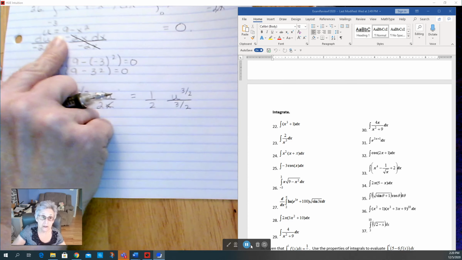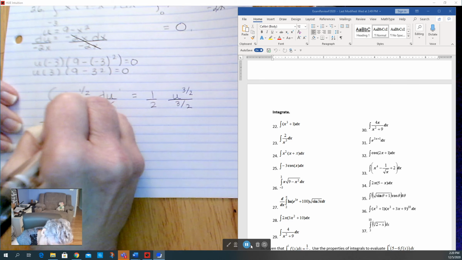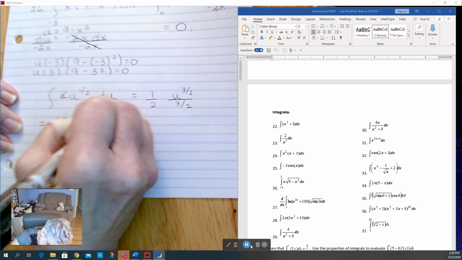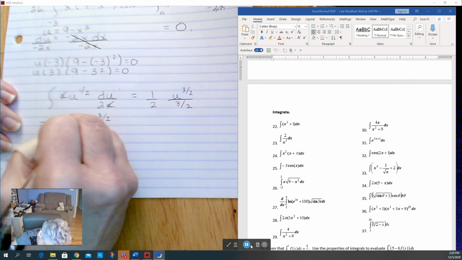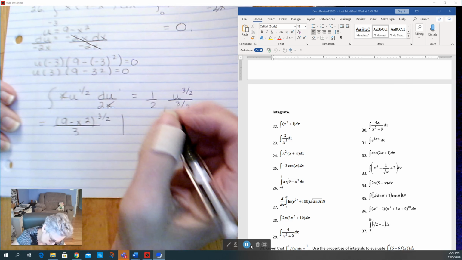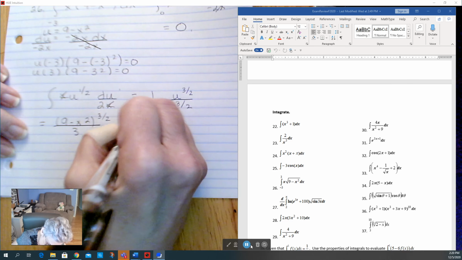I bring my x back, so I have 9 minus x squared to the 3/2 over that 2 cancels with that 2, so just 3, evaluated from -3 to 3.